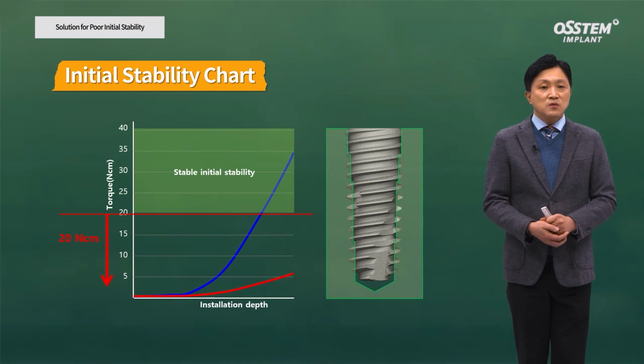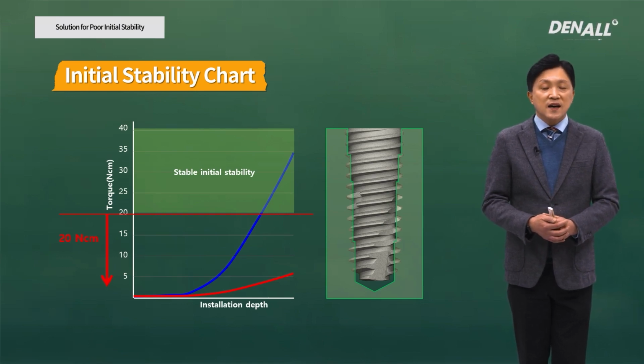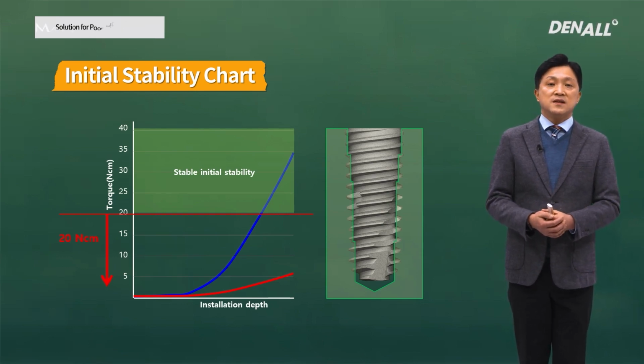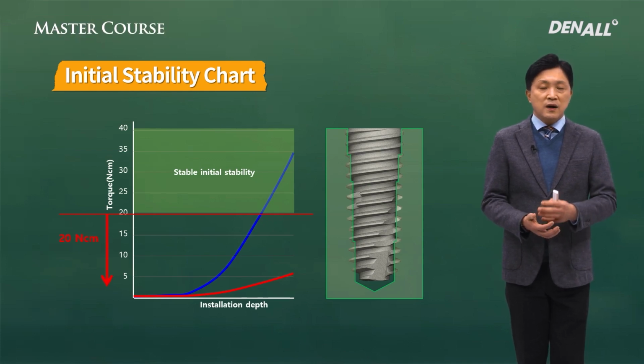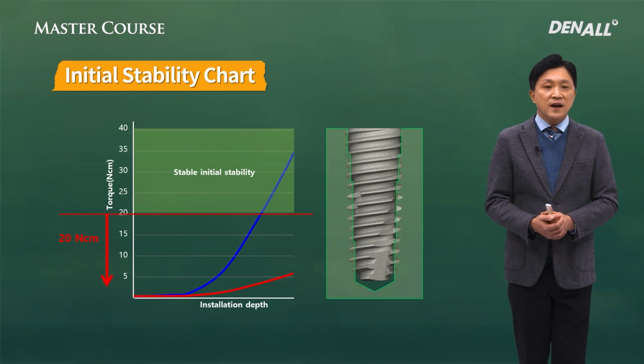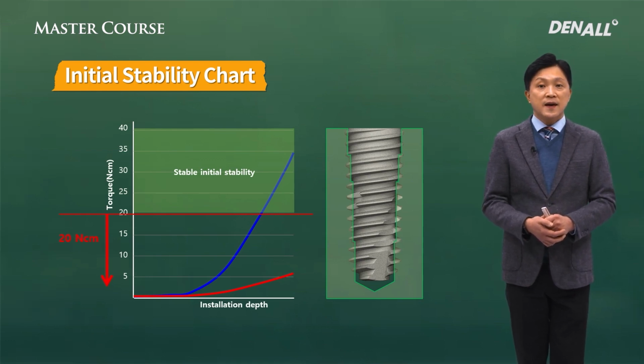How much initial stability needs to be achieved? In the conventional concept, when we say stable initial stability, that means it is about 20 or more Newton centimeters of initial stability.